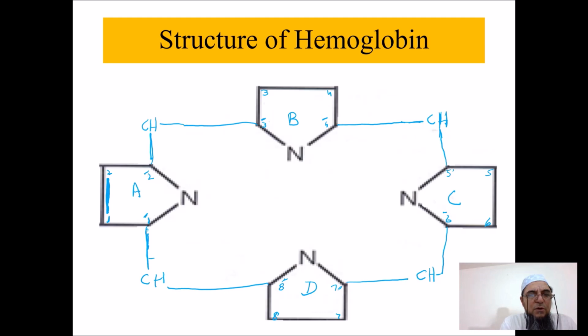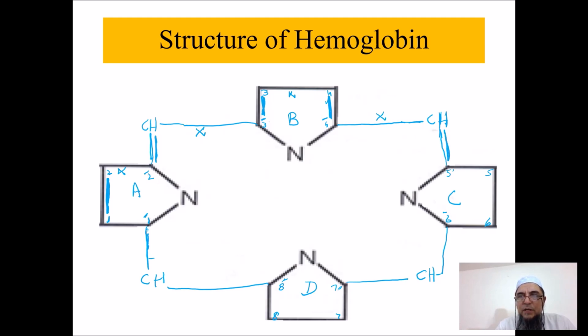So this is a double bond. There is no bond here. Then there will be a double bond here. There will be no bond here. Then a double bond here, no bond here, then a double bond here, no bond here. Bond is there but no double bond.